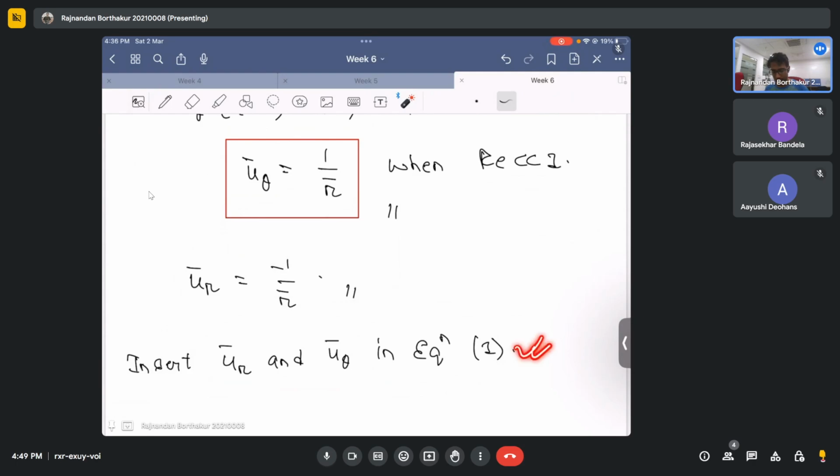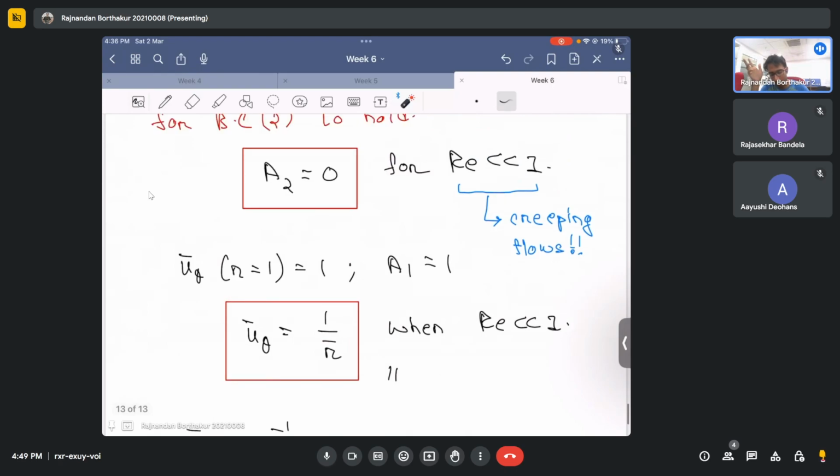That's what we will do in the next class, and then we'll begin a new topic, lubrication theory. We'll see creeping flow analysis, as we have seen: when Reynolds number is very much less than one, flows of such nature are known as creeping flows.